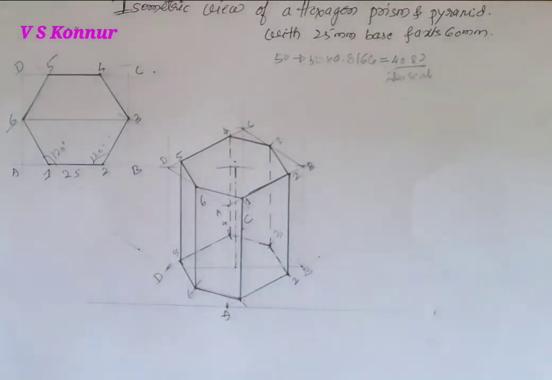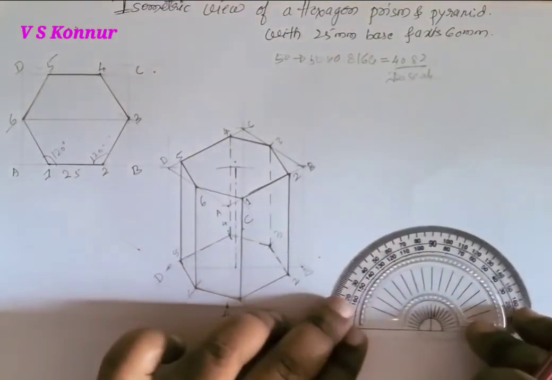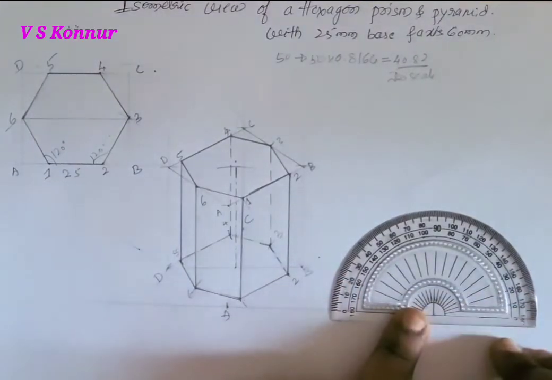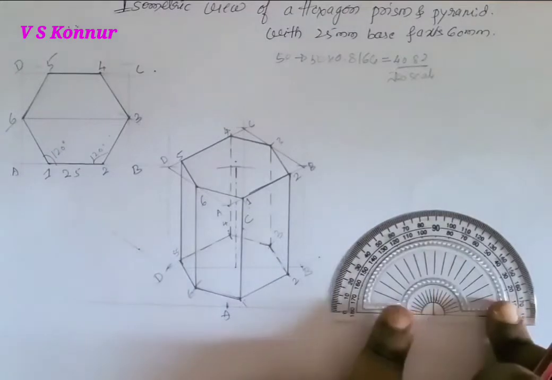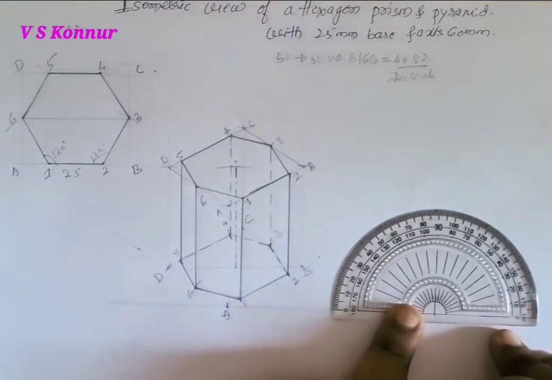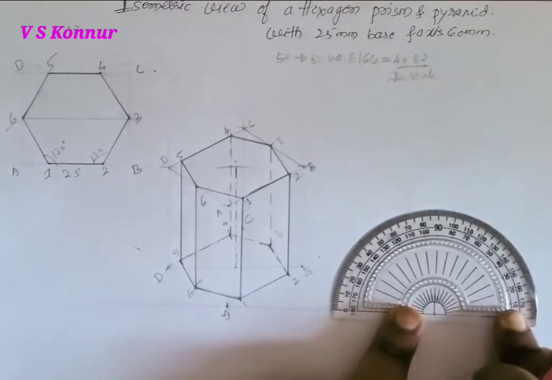So I marked a point here. So we'll take 30° from either side of the horizontal line.